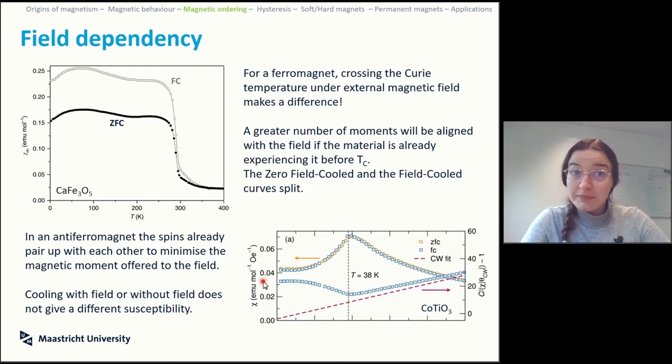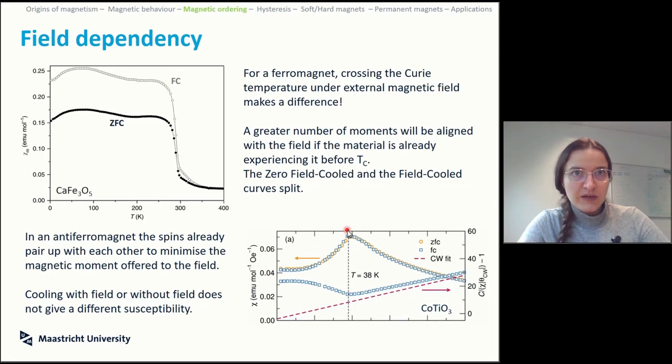You heat back up, you cool in magnetic field, there is exactly the same behavior. It does not make any difference. So if you are ever in doubt whether your material is a ferromagnet or an antiferromagnet, you can just look at these curves.